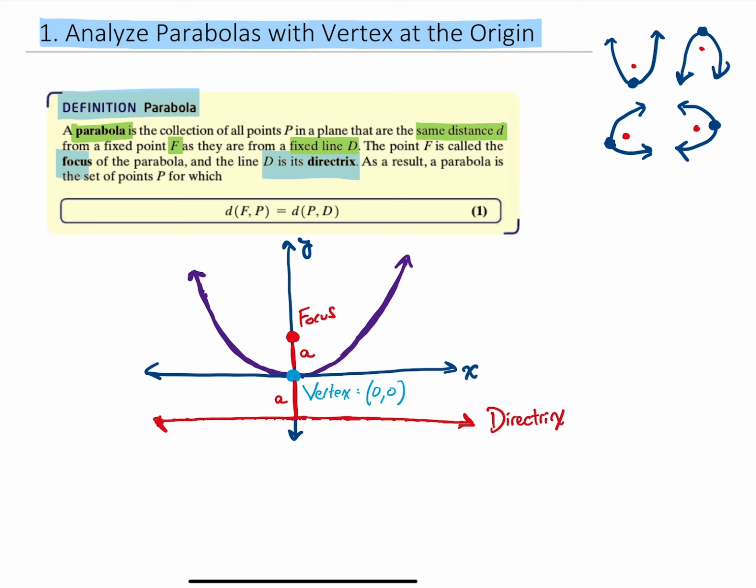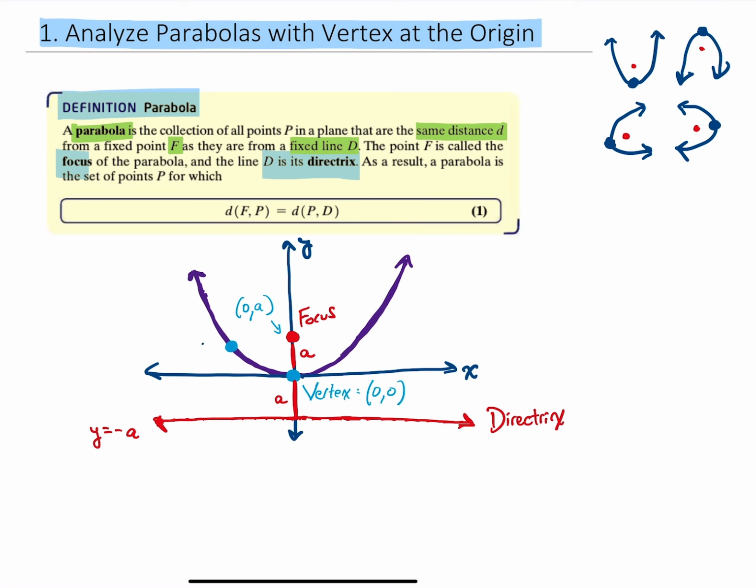So if these were coordinate points and we're starting at the origin as our vertex, that means I could call this focus point 0, A. And that would make the equation of this directrix y equals negative A, because we're some A distance below the origin at that point. But in general, the distances are the same for any point on the graph, so I can call this my general point.